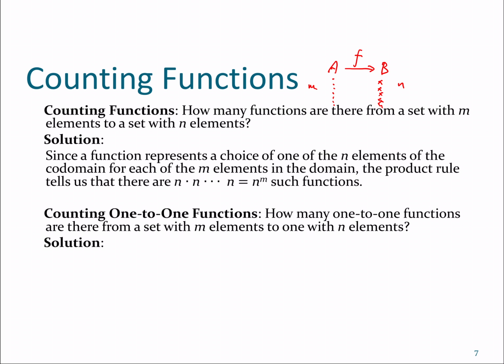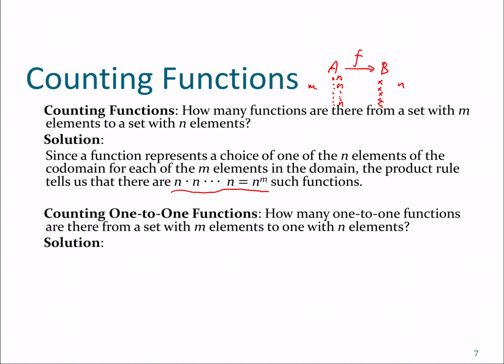So we look at each element in A, and each one of them has n choices to be mapped to in B. Because for each element you can only have one choice of element in B, that's the definition of a function. So each one of them should have n different choices. So finally, that's n times n together. There are m of them together. So that's n to the m-th power.